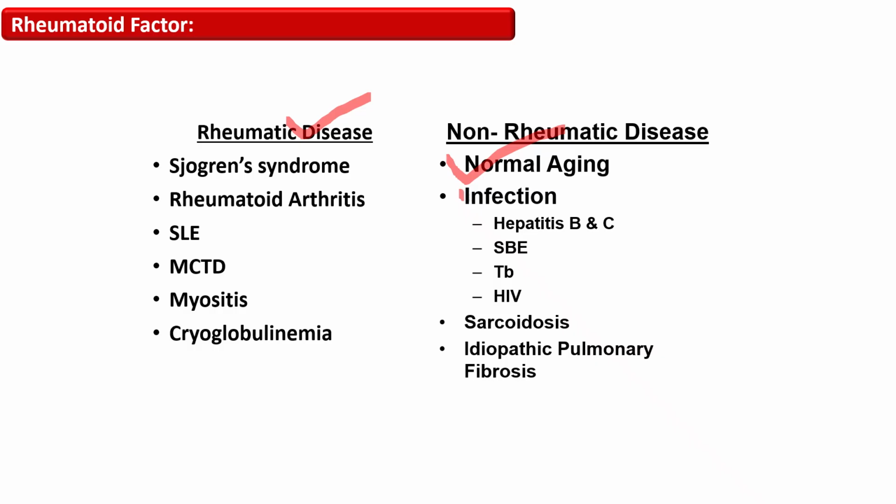Various infections such as Hep B, C, subacute bacterial endocarditis, TB, HIV, while it is also positive in non-rheumatic diseases, sarcoidosis, and idiopathic pulmonary fibrosis.